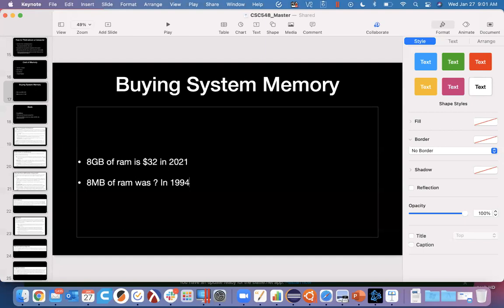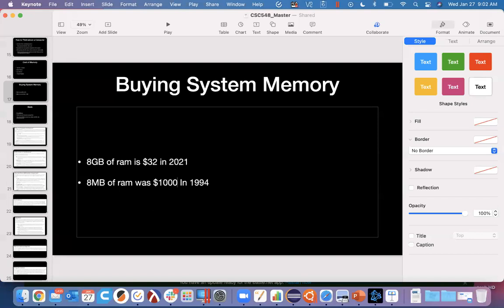More. How much? 600? 250? More. 500? More. 1,000? $1,000. What? So 8 megabytes of memory in 1994 was $1,000.